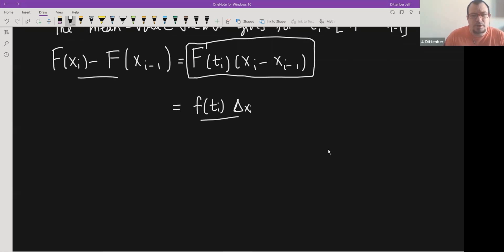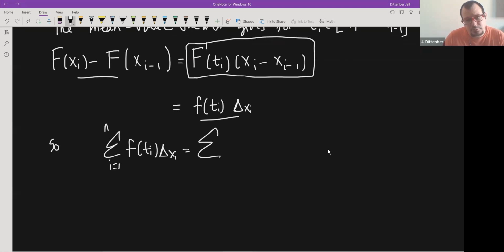And so what I can get from this is the sum from i equals 1 to n of this product is equal to the sum from i equals 1 to n of f of x sub i minus f of x sub i minus 1.